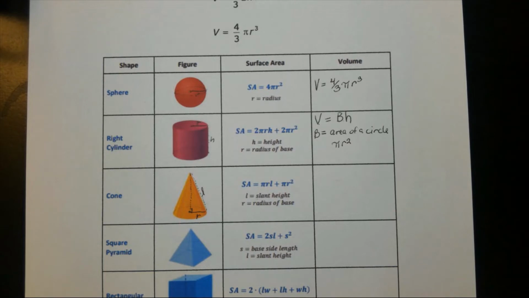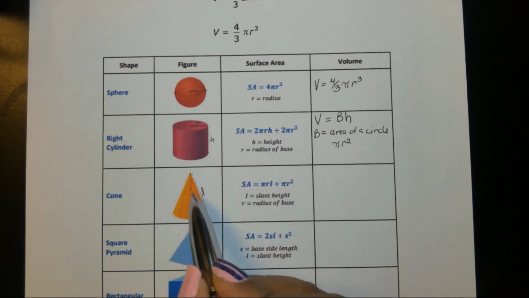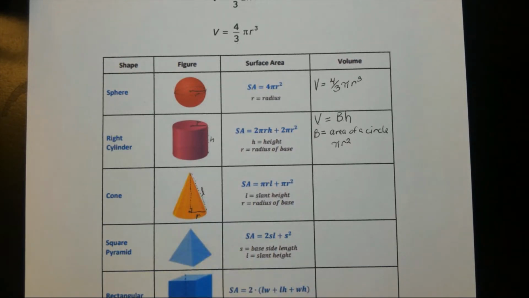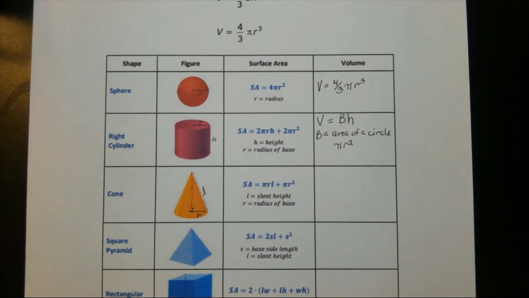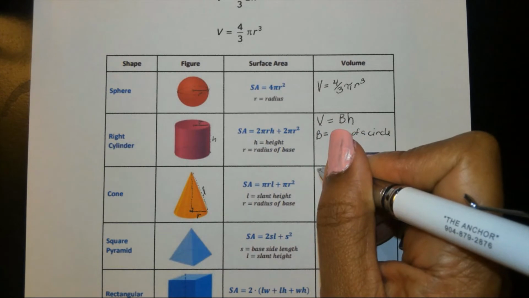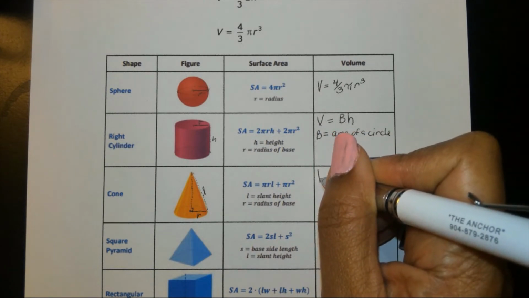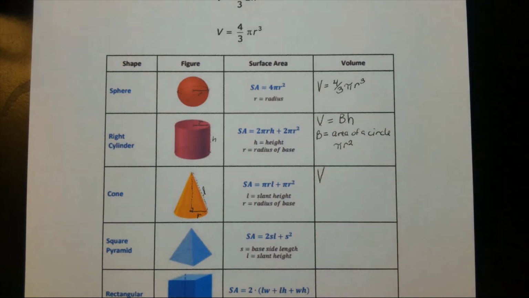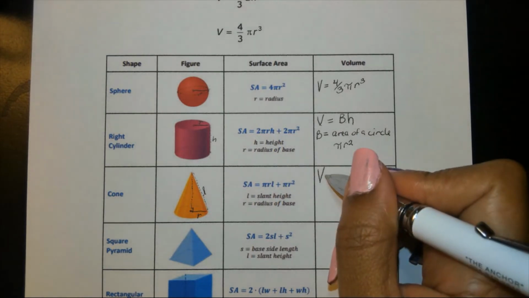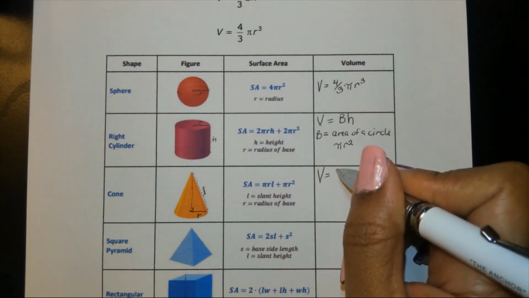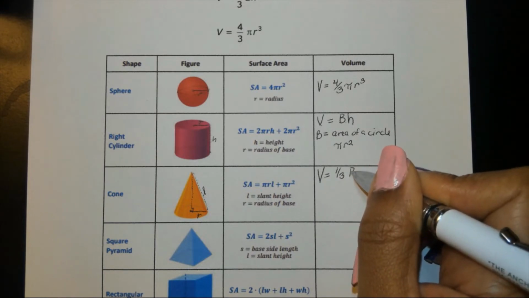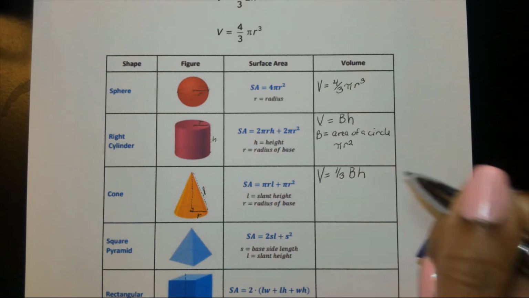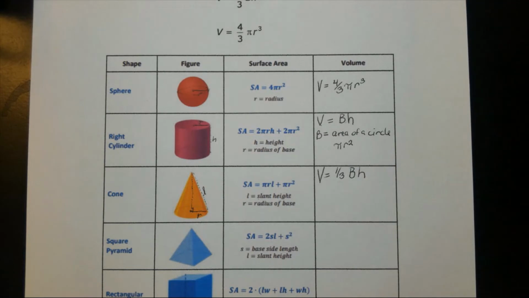Now in this case, if we are looking for how much water can fit on the inside of this, or how much could this actually hold no matter what the liquid is, this time we are going to be using the last of the three formulas that we have not used from our reference sheet. So this is going to be equal to 1/3 BH. And remember that big B stands for the area of the base.